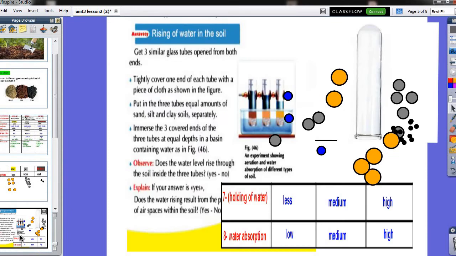Okay, then I will talk about the rising of the water in the soil. This is the activity in your ministry book.